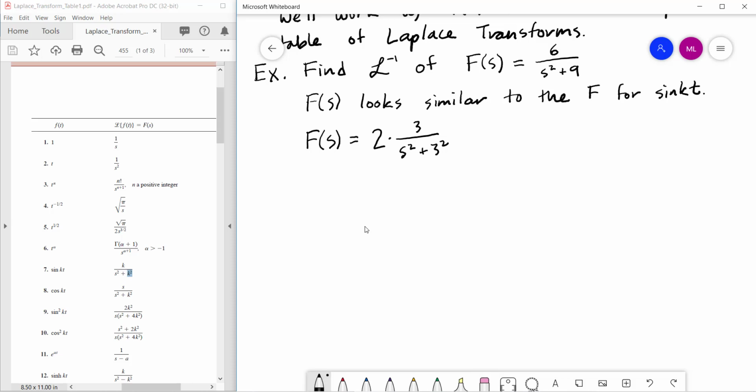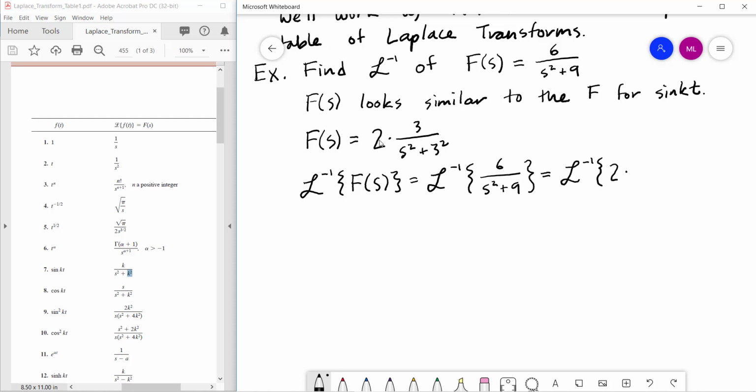If I want to take the inverse Laplace transform of our f of s, that's really the same as, in this case, I can pull the 2 outside. So for us, that's the inverse Laplace transform of 6 over s squared plus 9. Well, we just saw that I can rewrite that as 2 times 3 over s squared plus 3 squared.